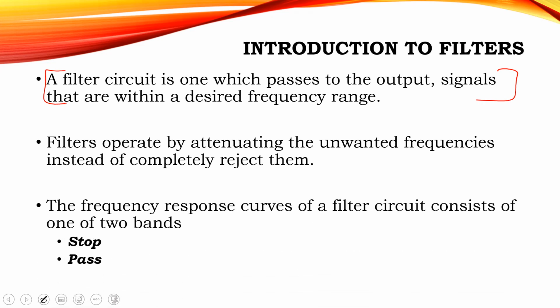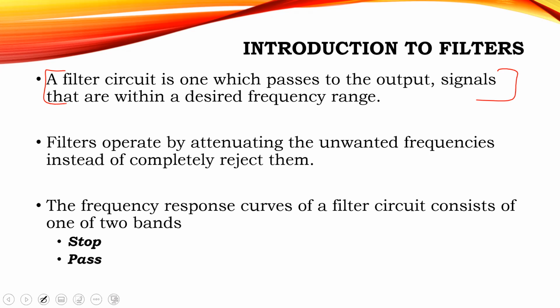So for the filter, we do have some response curves. And within those response curves, we have two areas. We have what we refer to as your stop band and your pass band. Yes? So there's a band of frequencies that we allow to pass, and there's a particular area that we call the stop band.